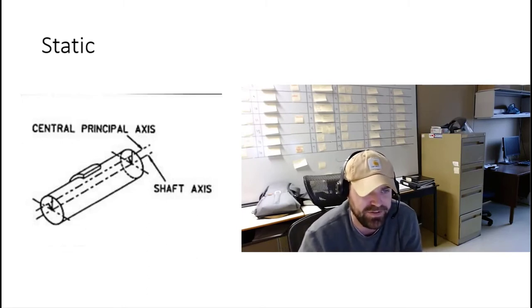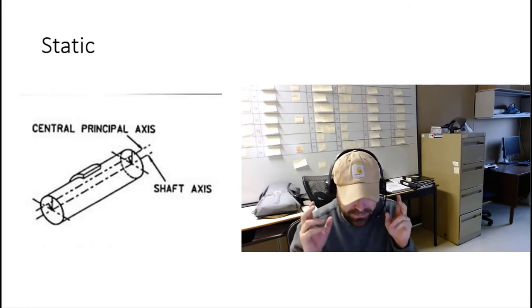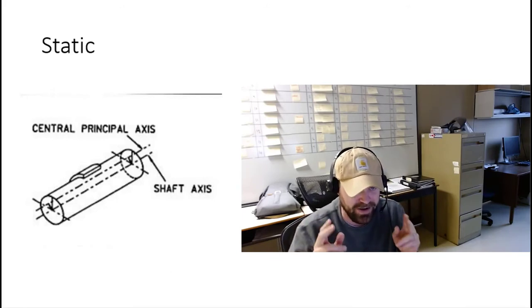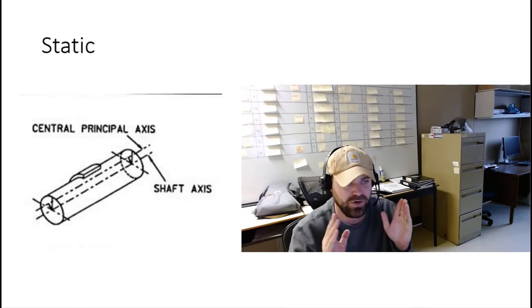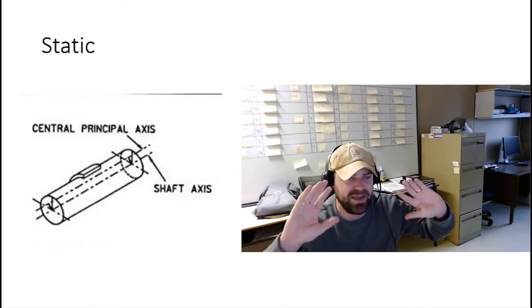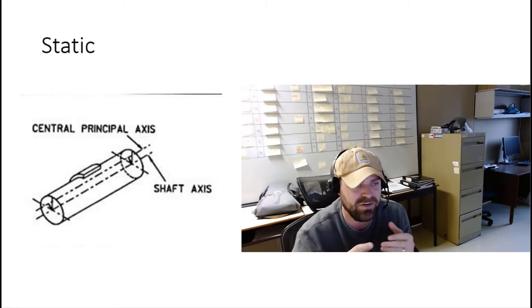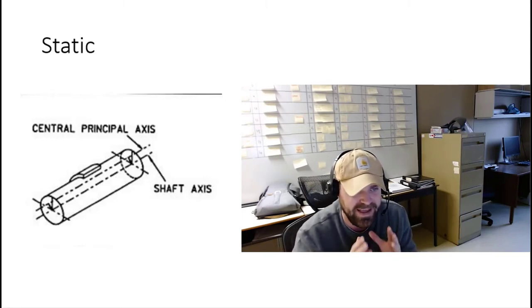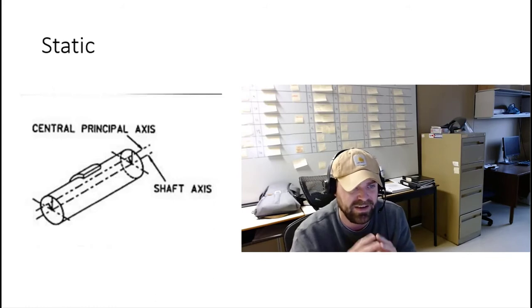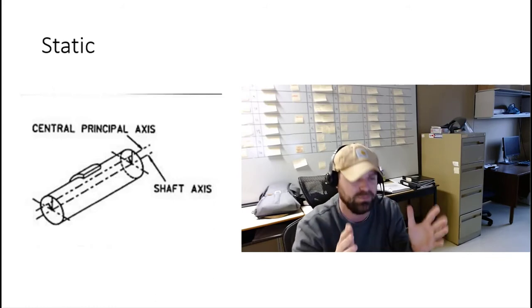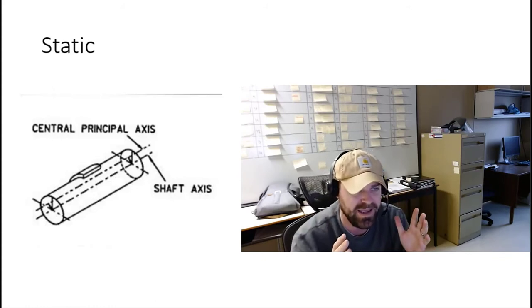So static imbalance can be detected by simply placing the rotor on knife edges or rollers, and then allowing the heavy spot to just kind of swing to the bottom. However, if the rotor is spinning, static imbalance is easily identified because the vibration amplitude at the bearings is going to be in phase for both bearings.